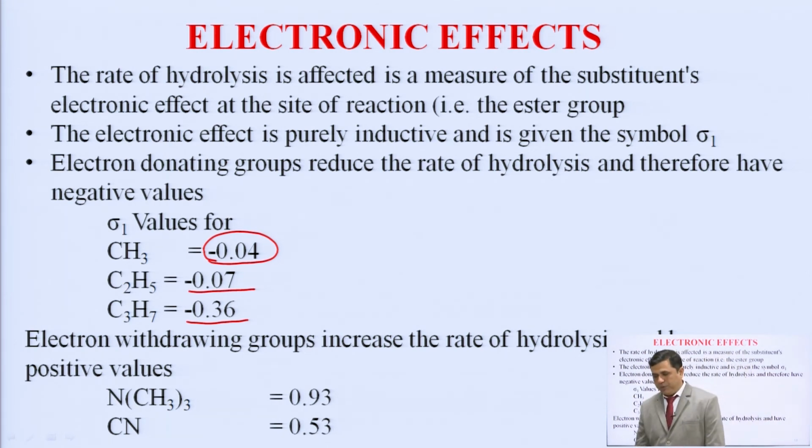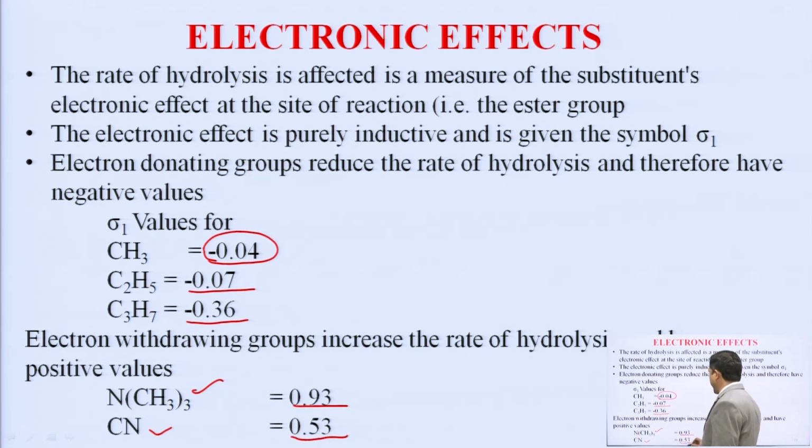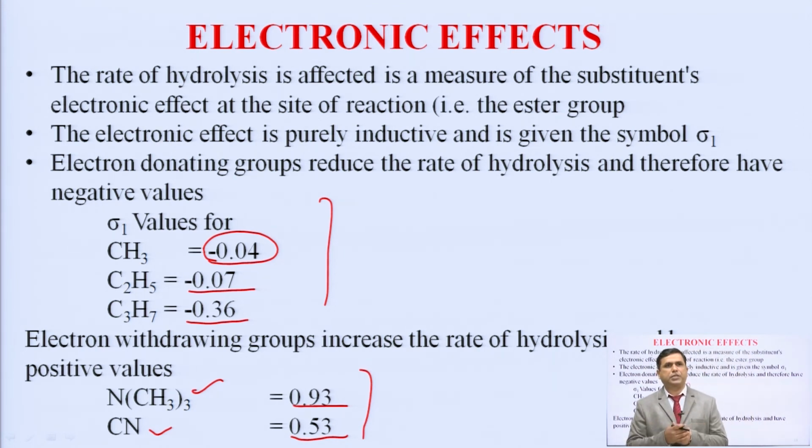The electron withdrawing groups increase the rate of hydrolysis and have positive values, for example NCH3, CN, NH3 plus, with values such as 0.93 and 0.53. So, what is the result of choosing the type of substituents here?